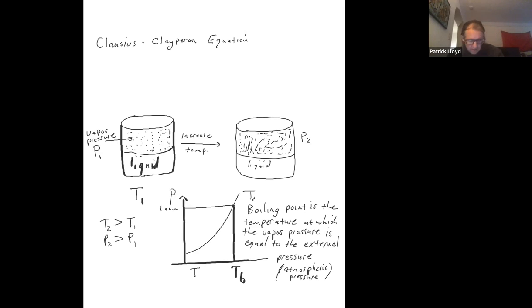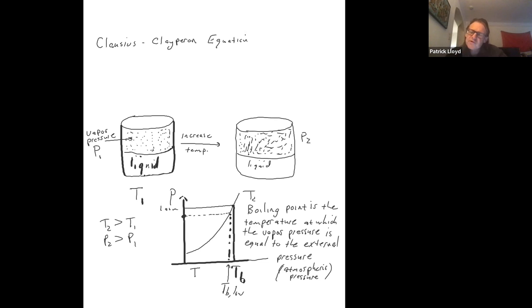Okay. So imagine you're at high altitude, there's a lower atmospheric pressure, right? So that will occur here, right? So your boiling point would be at a lower temperature. I'll call it a low boiling point because the atmospheric pressure is lower.